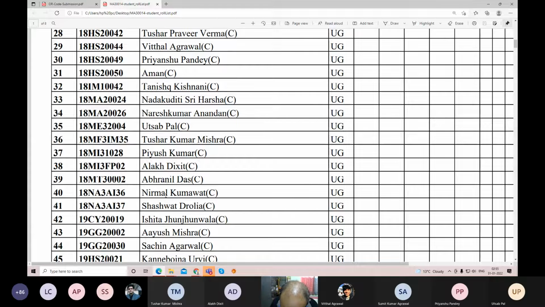Tushar Kumar Mishra is there. Sir, 38 is there. Then 40 Abranil Das is there. Nirmal is yours, no, Alak is yours. 38 is the group leader. Okay. 41, 42, 43, 44, 45.